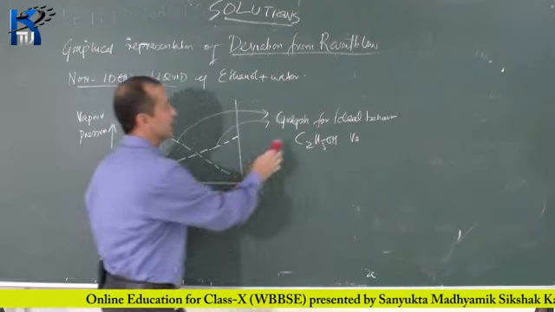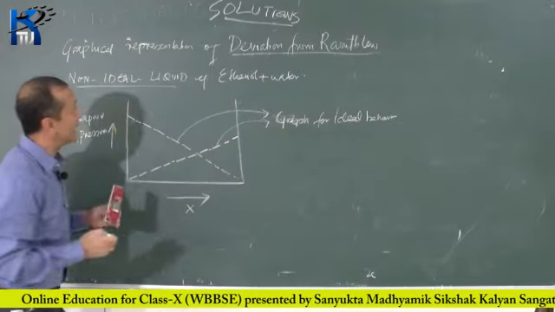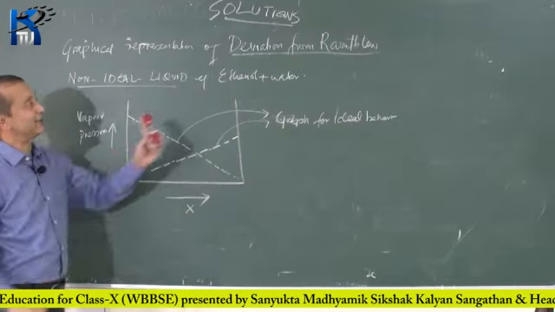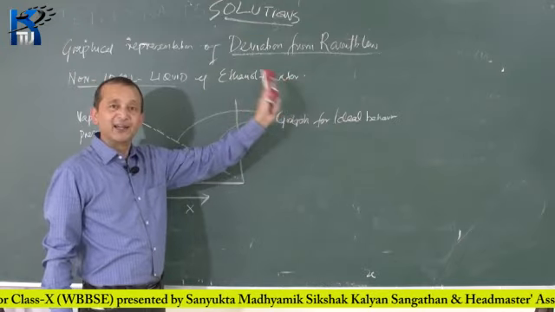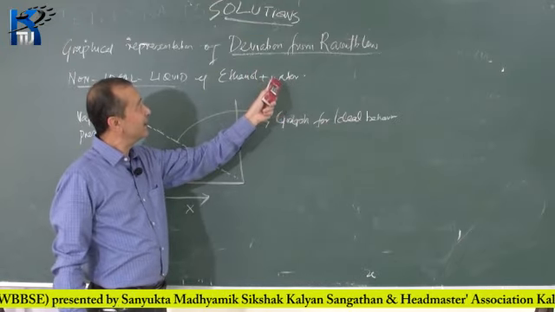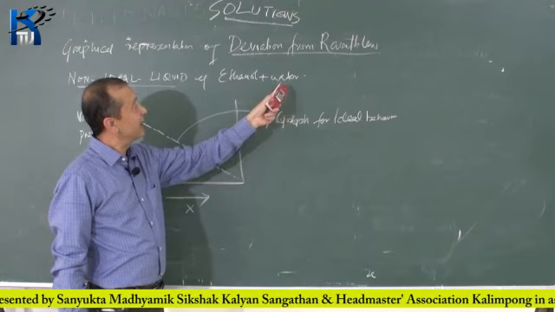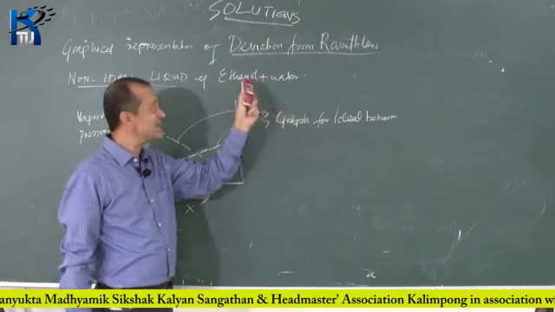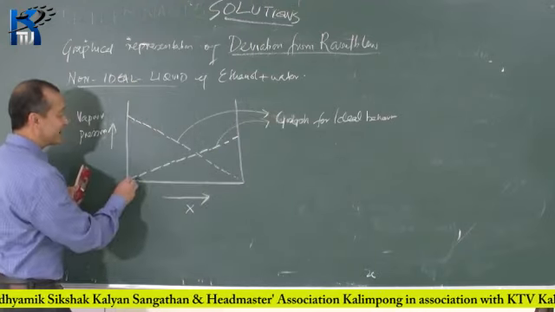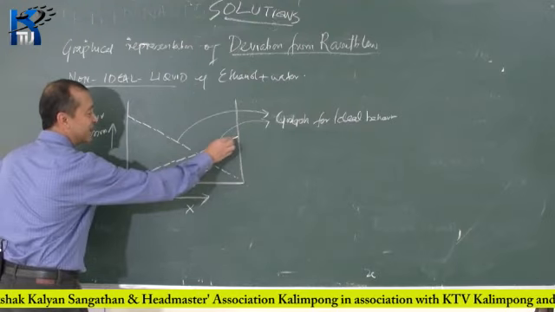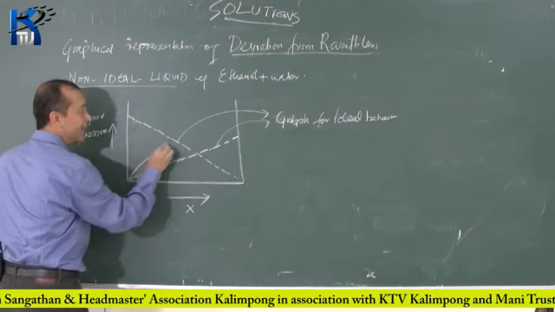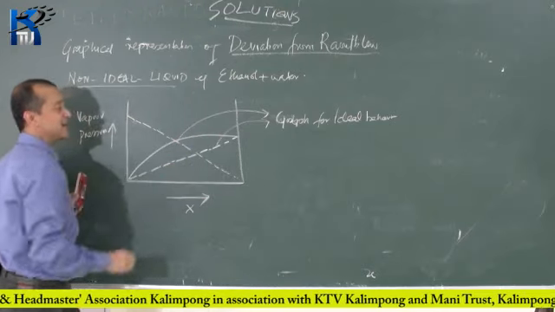But we already said that ethanol plus water is not an ideal mixture, and it will not obey Raoult's law. So if it does not obey Raoult's law, what will the graph be? It will not be a straight line. It will bulge outwards like this in the case of ethanol.